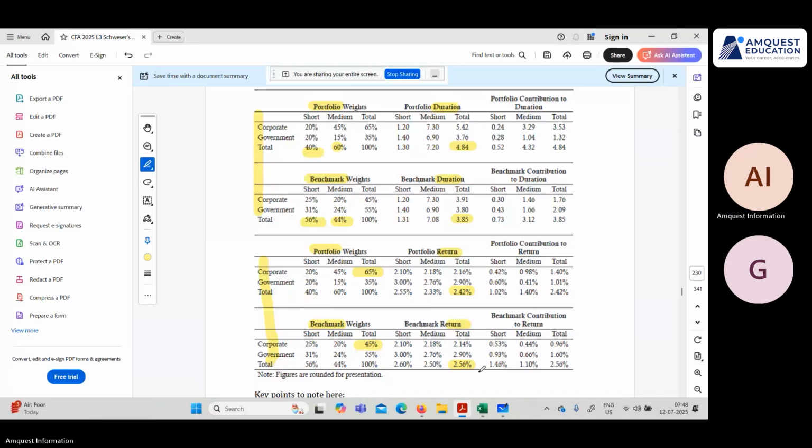ठीक है? What is my active return in this case? Negative 0.14%. Negative 0.14. So one thing is, I think the idea here is to explain why am I getting a negative active return. ठीक है? Again, I would not know exactly कैसे हुआ है. I would not know.